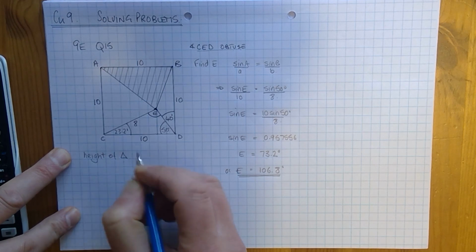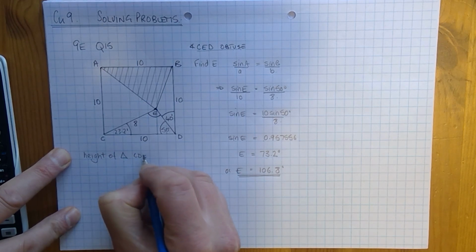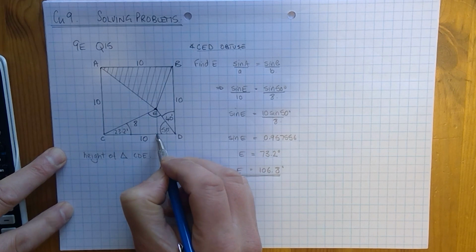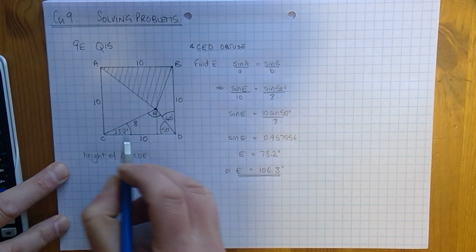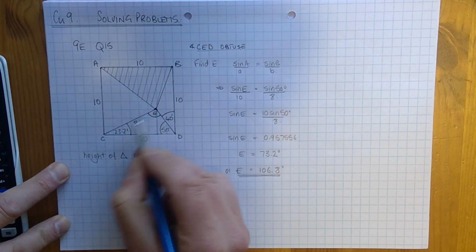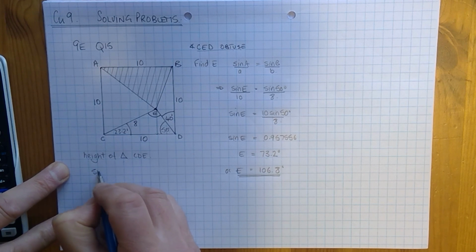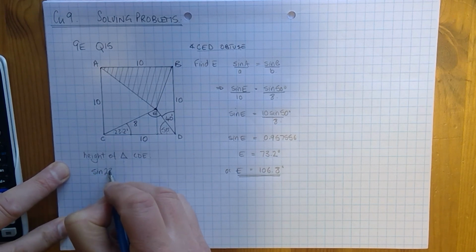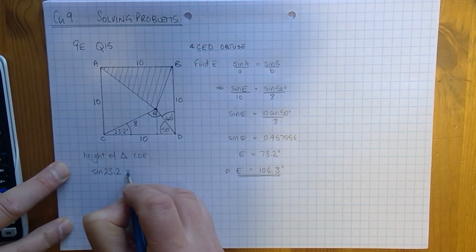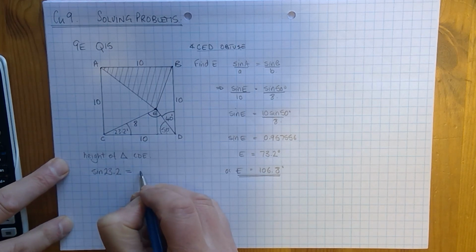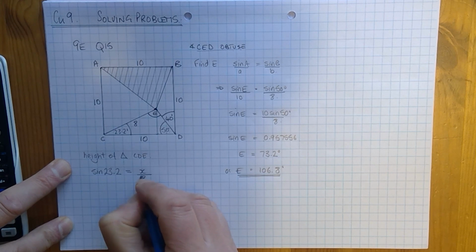So let's work out the height of triangle CDE. So I want this length here. That's opposite to that angle. That's the hypotenuse. So therefore sine of 23.2 is opposite over hypotenuse.